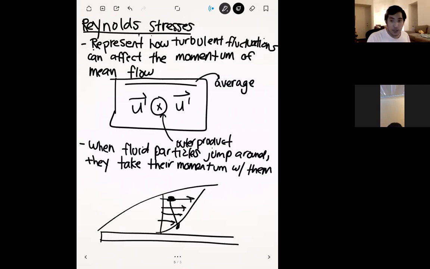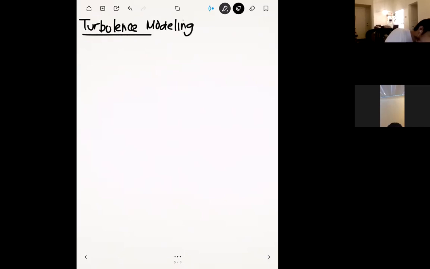Okay, so that's Reynolds stresses. Now let's talk about eddy viscosity or turbulence modeling. If you remember, when we talk about turbulent flow, the equations of motion are really difficult to solve because we don't have enough equations to solve for the unknowns.